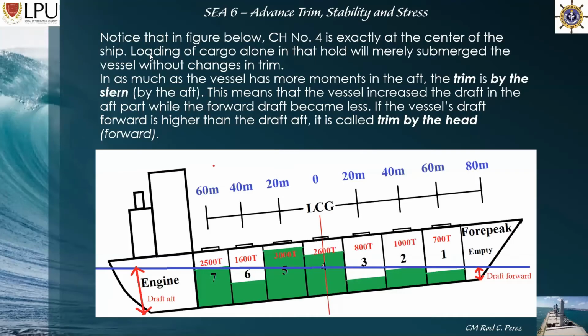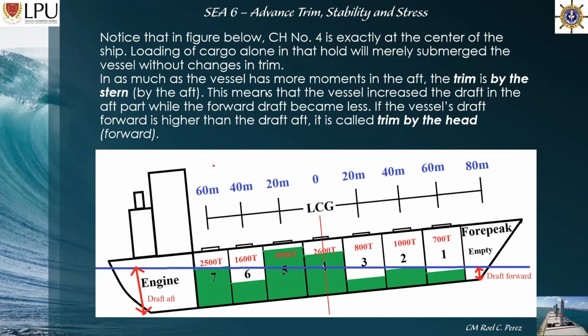So in this figure, cargo hold number 4 is exactly at the center of the ship. Loading of cargo alone in that hold will merely submerge the vessel without changes in trim. If there is any, it is negligible. So it will just sink following the trim.